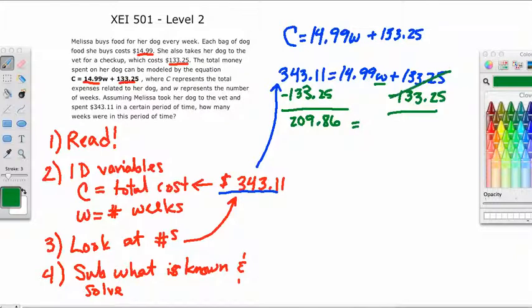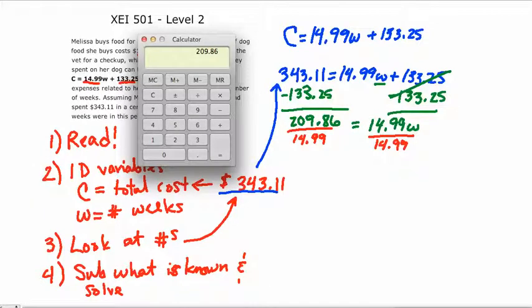This zeroes out, and what we have on the right is 14.99W. And then the last step to solve for W is divide by 14.99 on both sides. So we divide that number by 14.99, and we get 14.